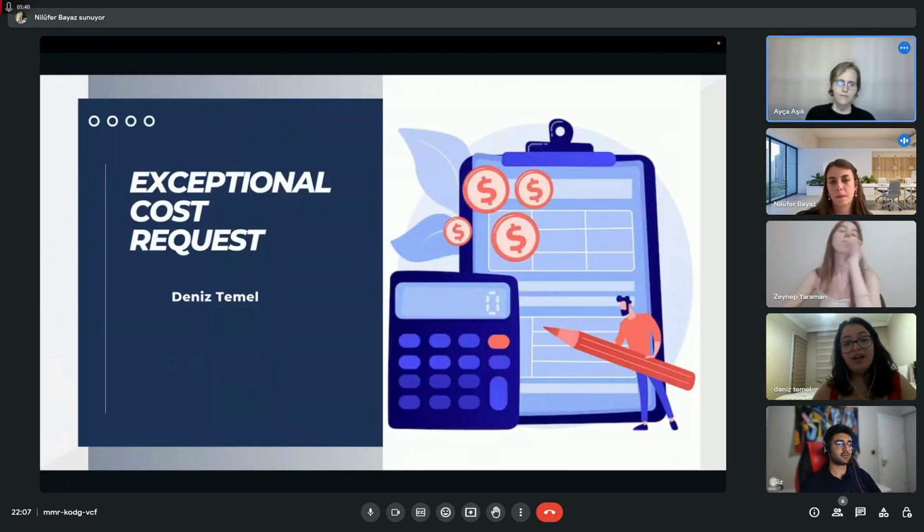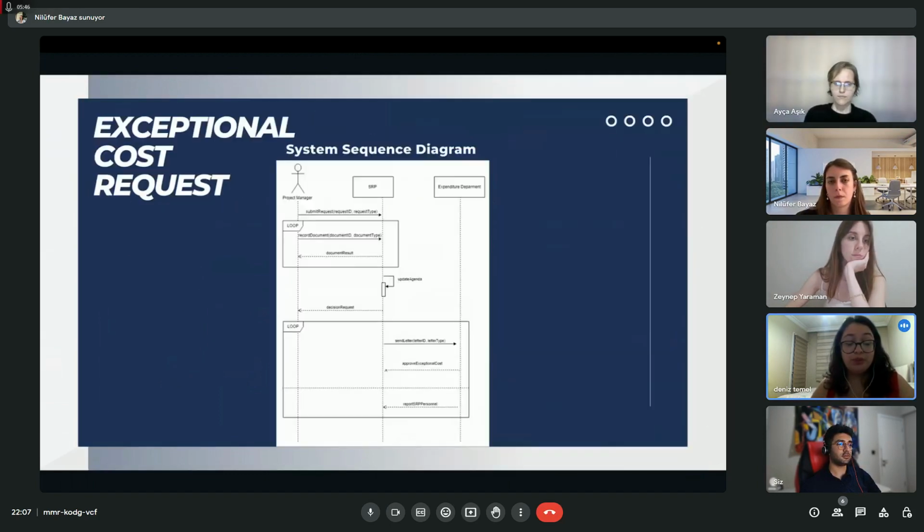Thanks. I will briefly talk about the process of requesting additional budget. First of all, the project manager creates a request form and uploads the necessary documents, explaining the reasons. Then, after the necessary documents are uploaded, the SRP puts it on the agenda and the SRP commission holds a meeting.